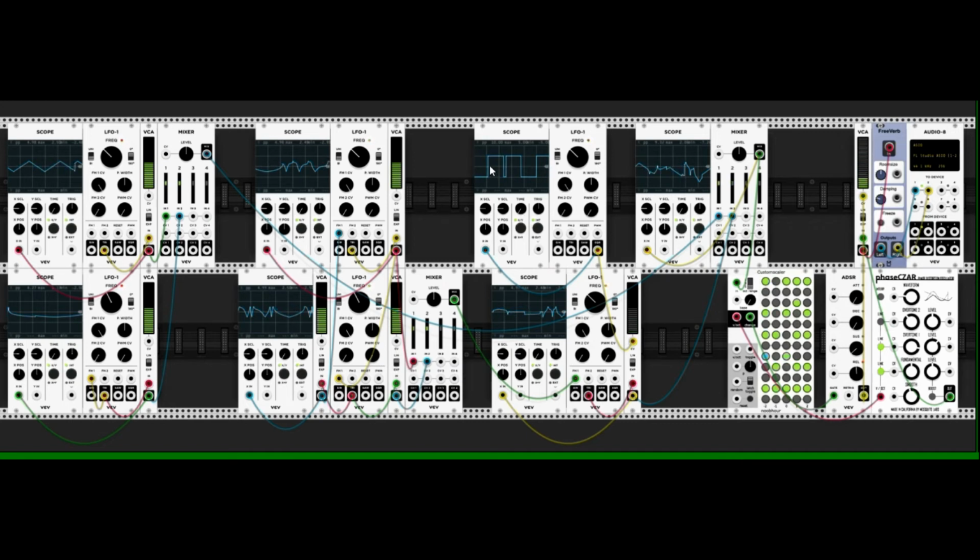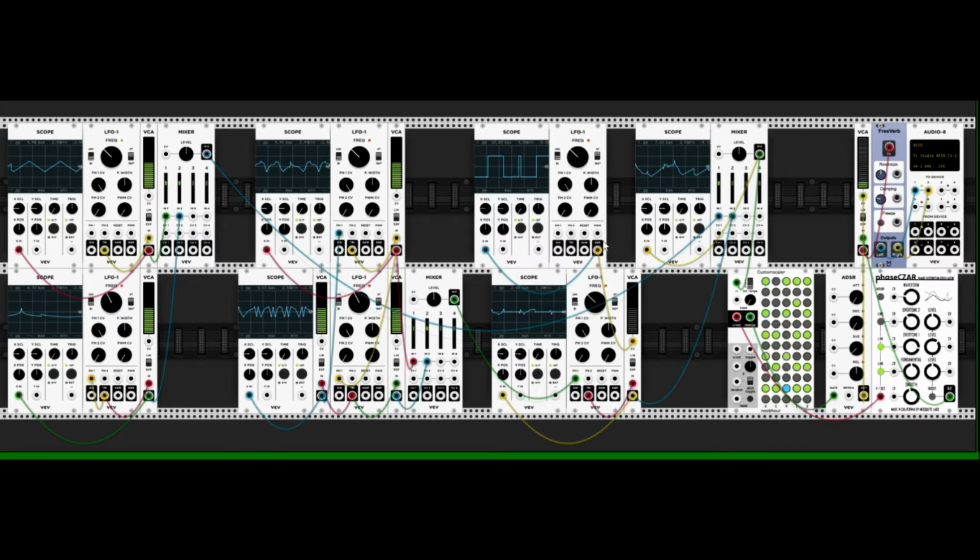So now it's at low level, only these 2 LFOs are modulating the whole sequence we are hearing, and at high levels, like before, all modulation paths do so. So I can switch on and off certain building blocks of the patch of the generative music I'm going to make.